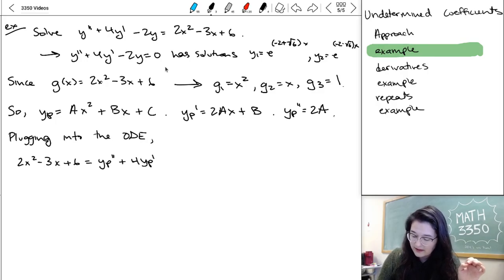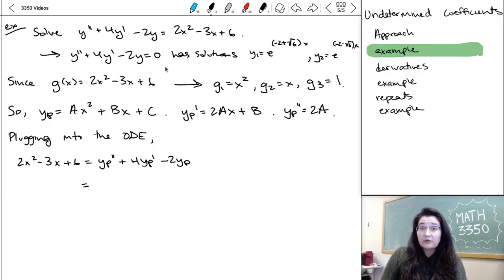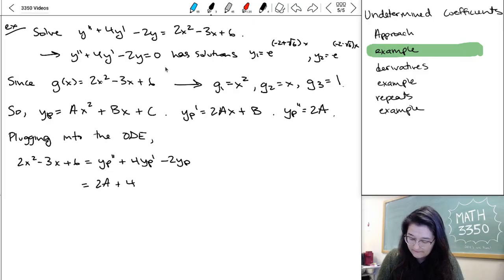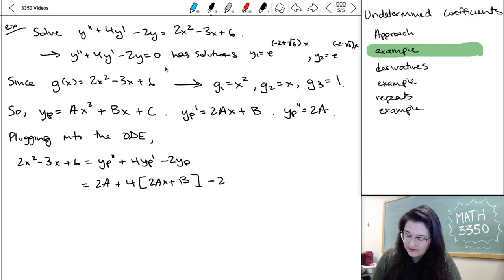So that's yp double prime plus 4yp prime minus 2yp. And then for those derivatives that I took, yp double prime is 2a, plus 4 times yp prime, which is 2ax plus b, and then minus 2yp, which is ax squared plus bx plus c.